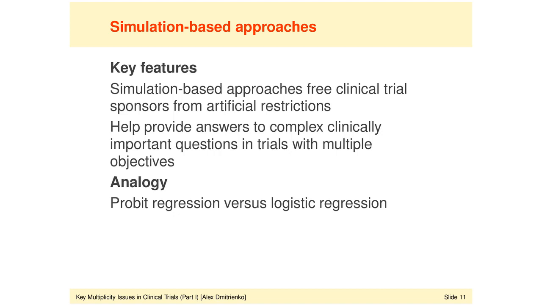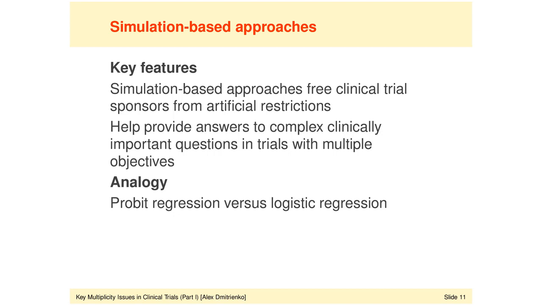As a quick relevant example, you may know that probit regression was much more popular before statisticians started actively using computers, simply because it was more convenient from a computational perspective. But we all now use primarily logistic regression, and that's because the results are easier to interpret and more meaningful.